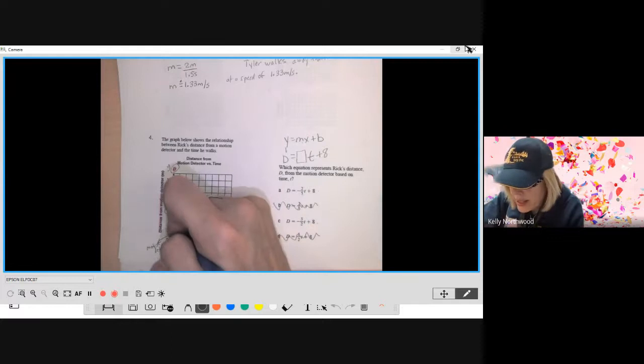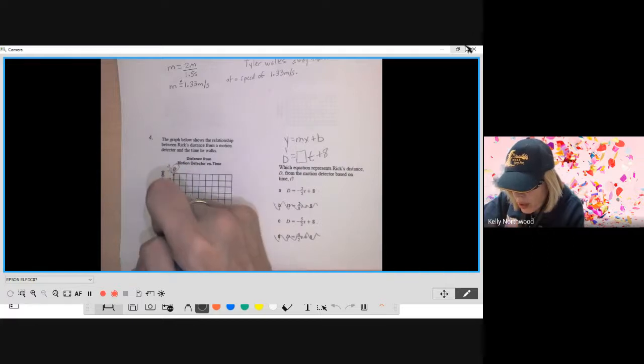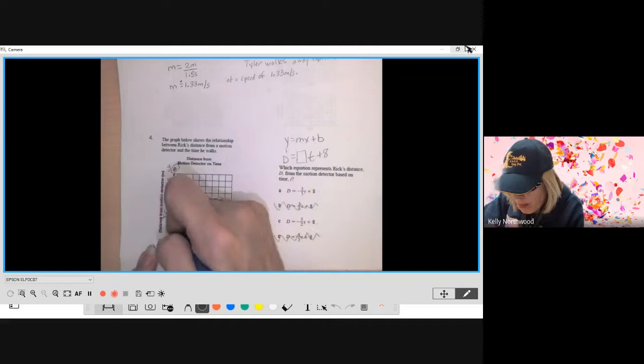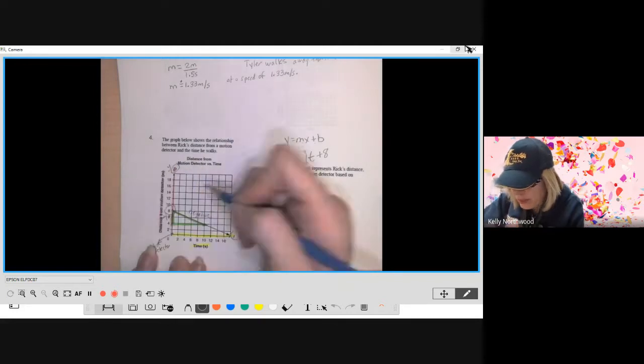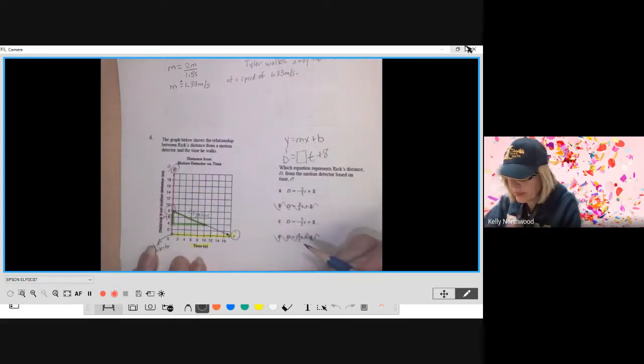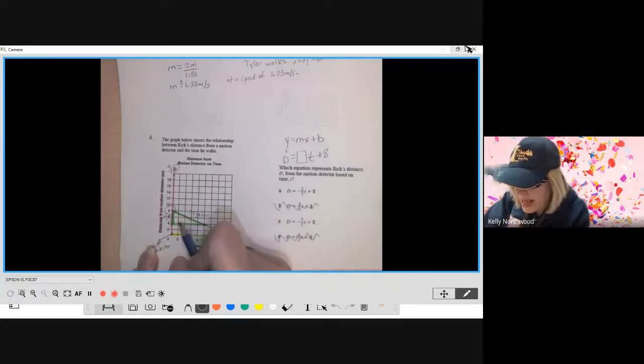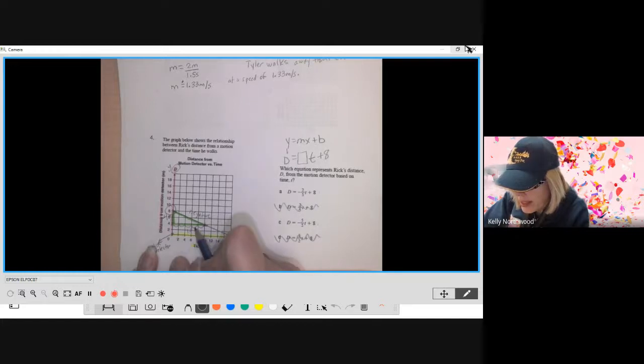So my rise is from 4 to 8, so that's by 2s. So it's 4, but it's negative 4 meters. And my run is 10 seconds, so 2, 4, 6, 8, 10 seconds.